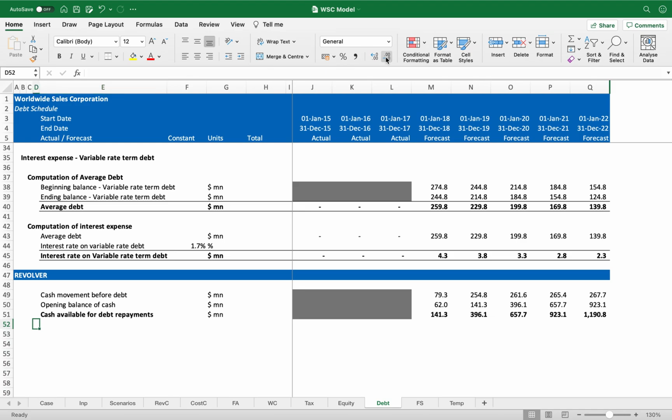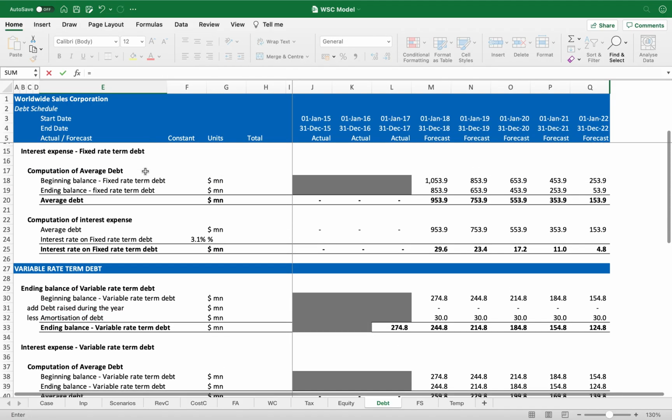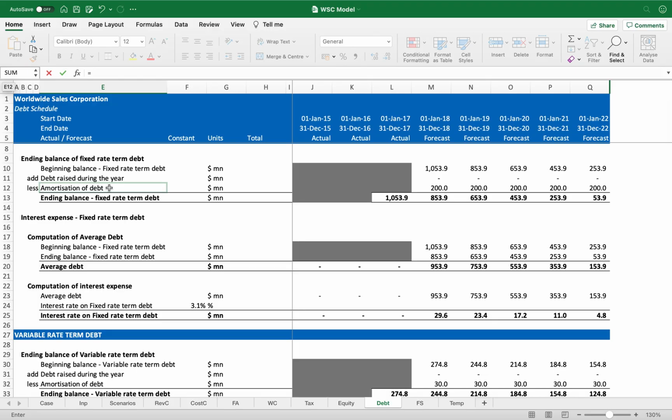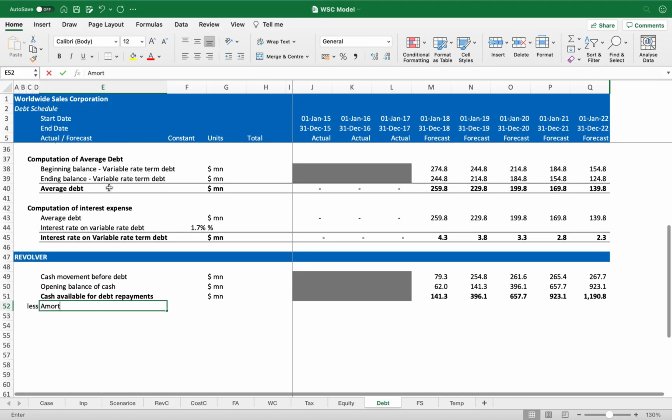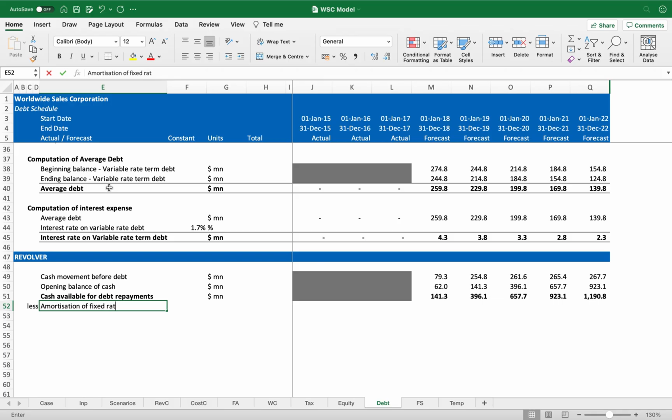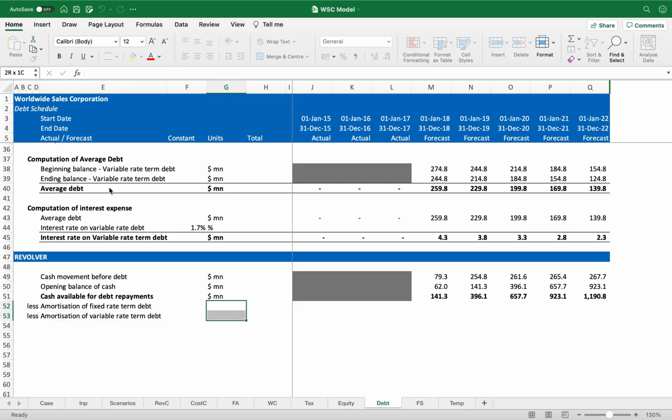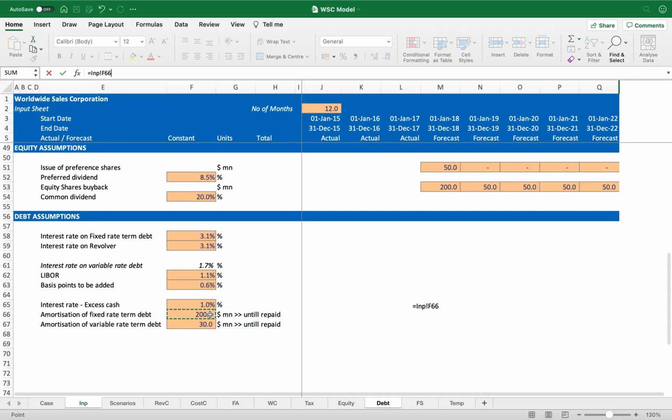Out of this, I will subtract amortization of fixed rate term debt, and amortization of variable rate term debt. 200, link from the source workings.